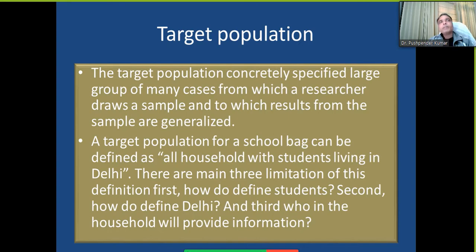So here you see in a population you can define all the population of Delhi, right? Students of Delhi. But how do you define students? Which students are you talking about? Are you talking about PhD students? Master's students? College students, school students?